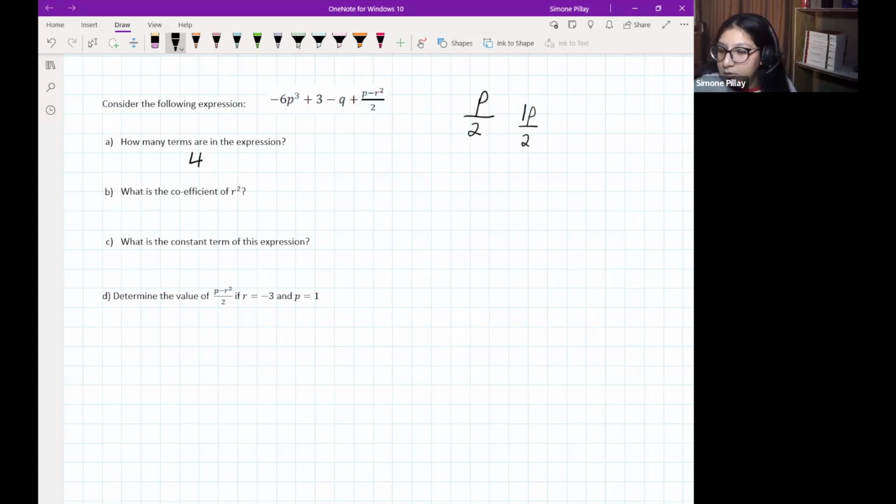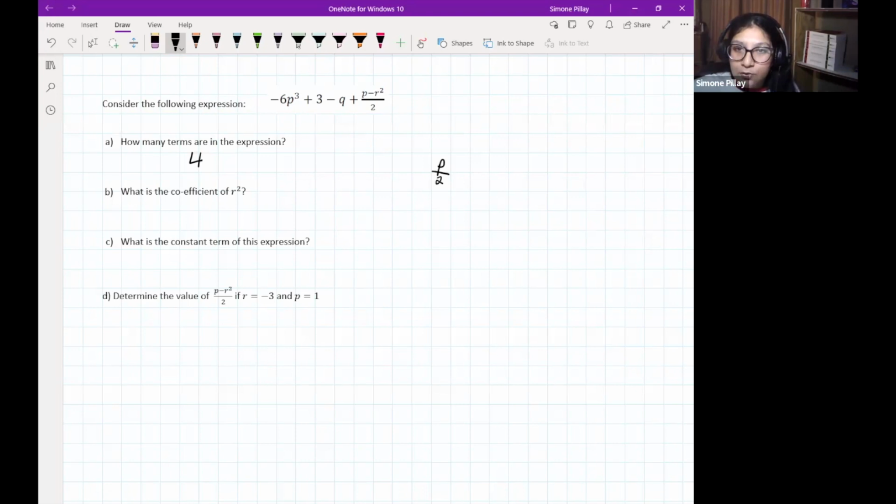I don't know why I'm writing skewed today. Let me try to fix this up. Okay, that should be better. Let me try this again. If I have a fraction like p over 2, I'm still writing skewed. Sorry.